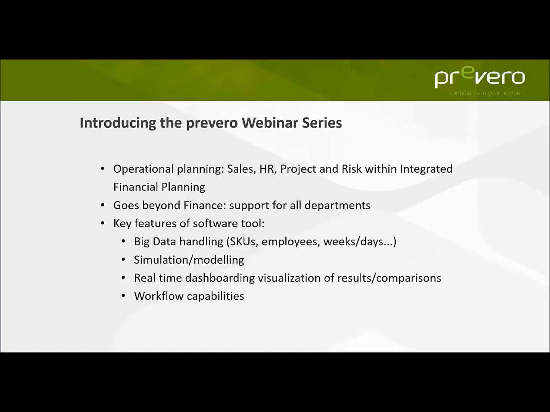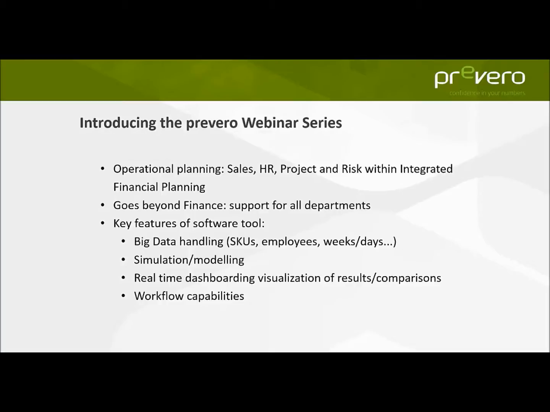A second characteristic would be the capability of simulating and modeling data so that you can come up with what-if scenarios and decide what is the best strategy for the company. And real-time dashboarding and visualization of your results in order to make visual comparison and be able to disclose them to the executives when presenting the results of your modeling.